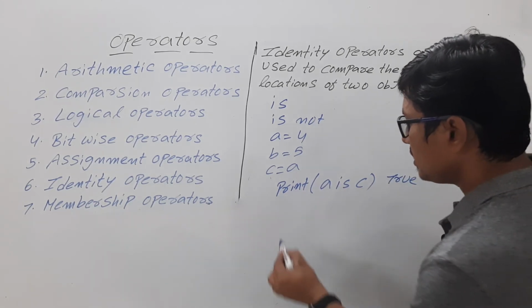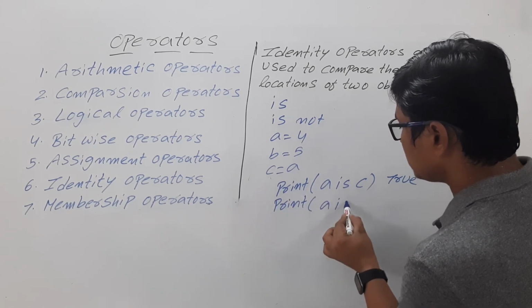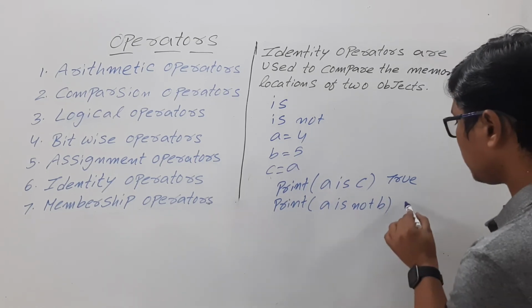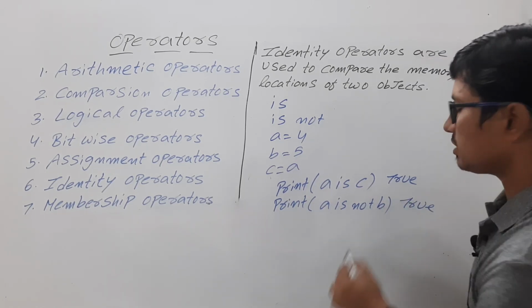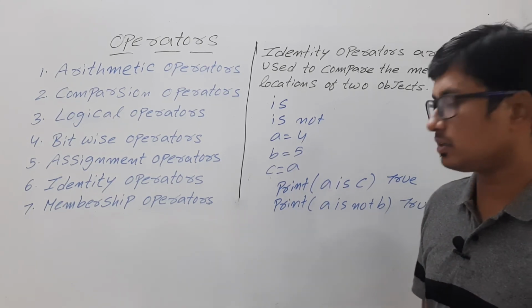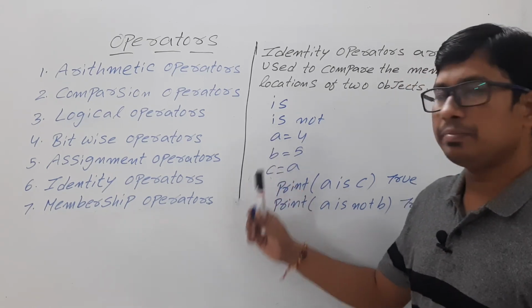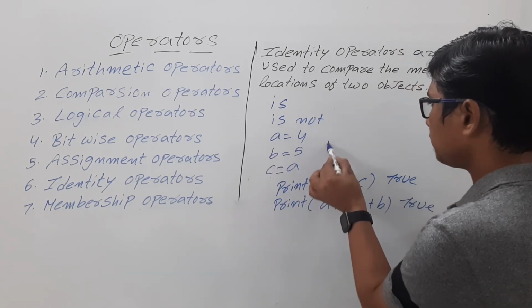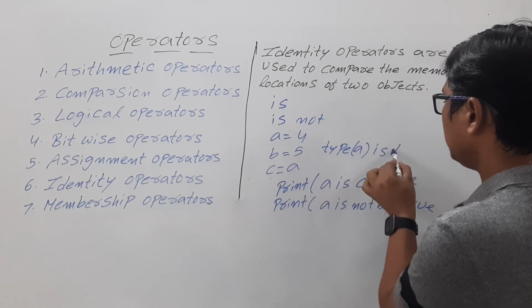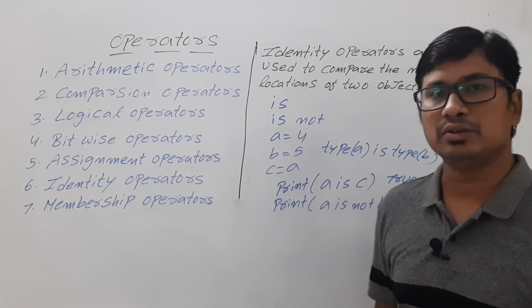Similarly, if I write print a is not b, then it will return true, because the memory locations of a and b are not the same. Similarly, as a and b are integers, if you write print type of a is type of b, as both of them are integers, then it will return true for you.